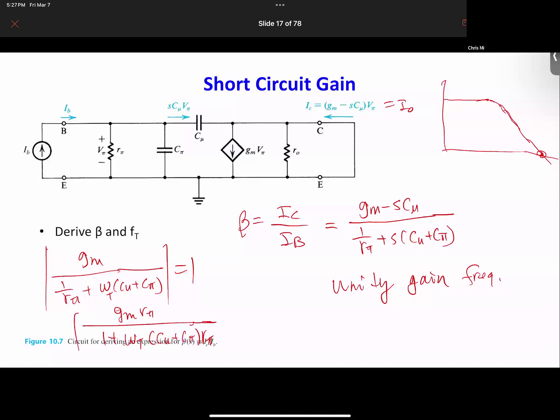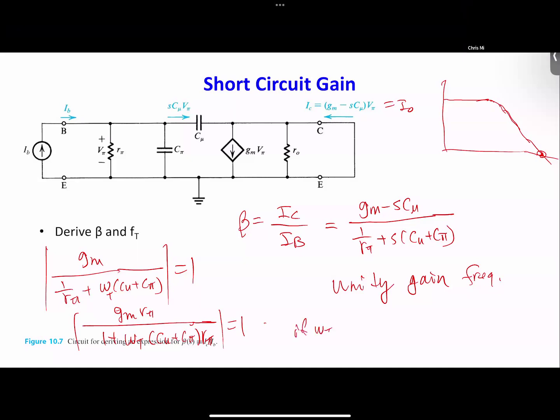So that's what we have equal to 1, and then you can find omega t over here. But in general, if omega t equal to 1 over C mu plus C pi, if we have omega t equal to this, we're plugging this one into here, you see what we get?